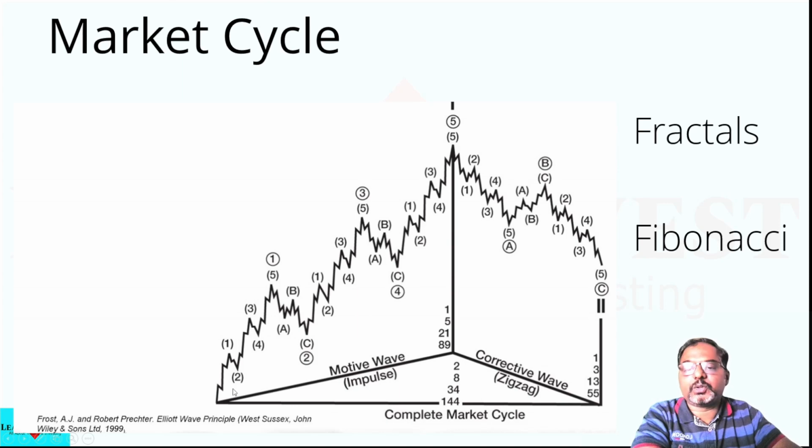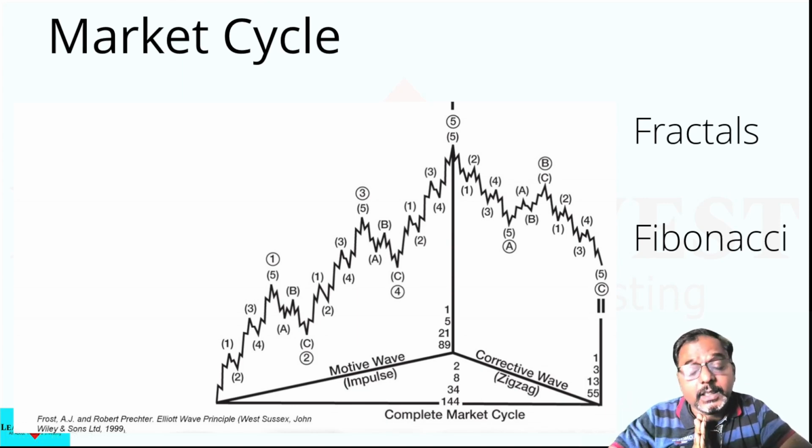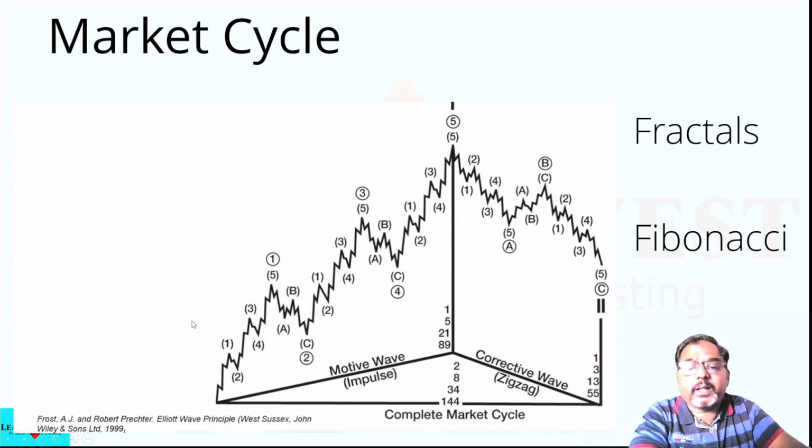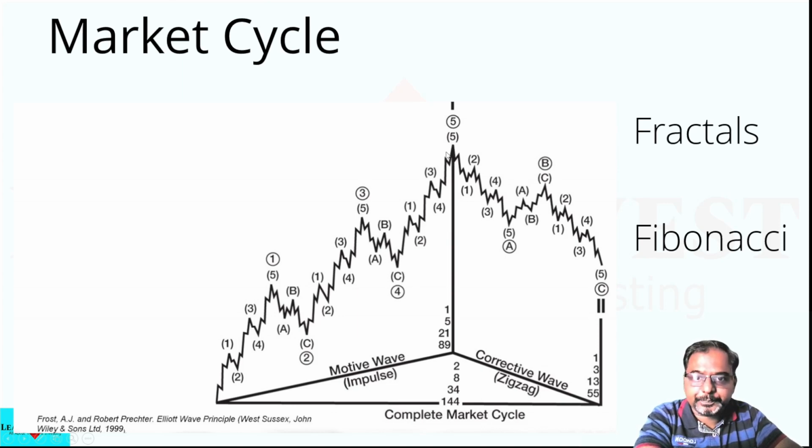Okay, so if you look at it here, look at the circles, one, and then there is a correction which is a 2. Now you can call 1 and 2 together as one complete market cycle also, because it is made up of one impulse and one corrective wave. So there is 1 and 2, and there is 3 and 4, again an impulse followed by a corrective wave 4, and then 4 will become a 5.